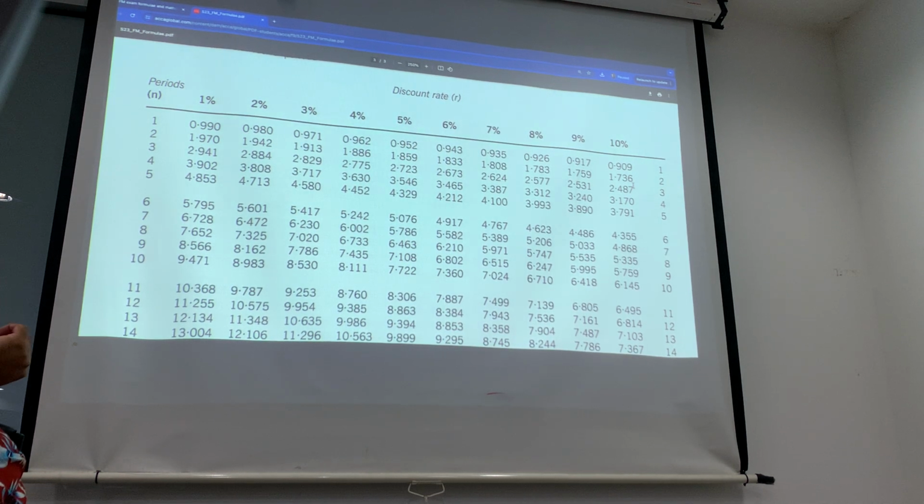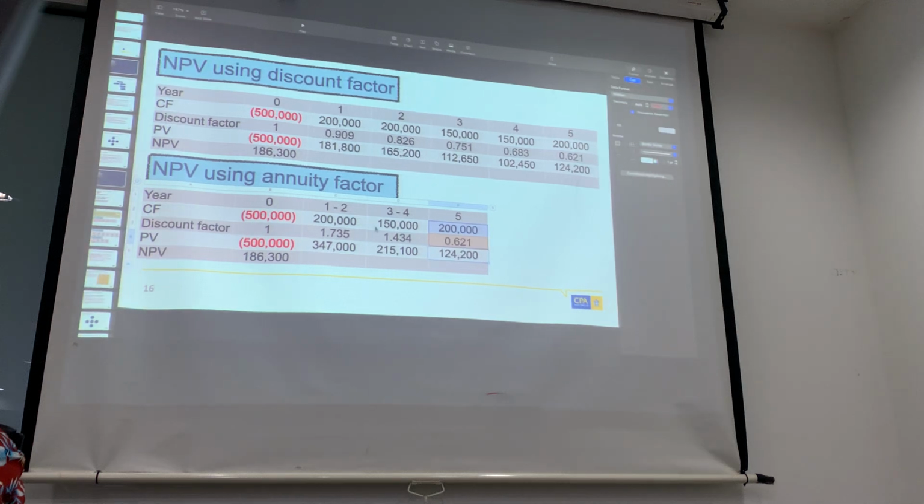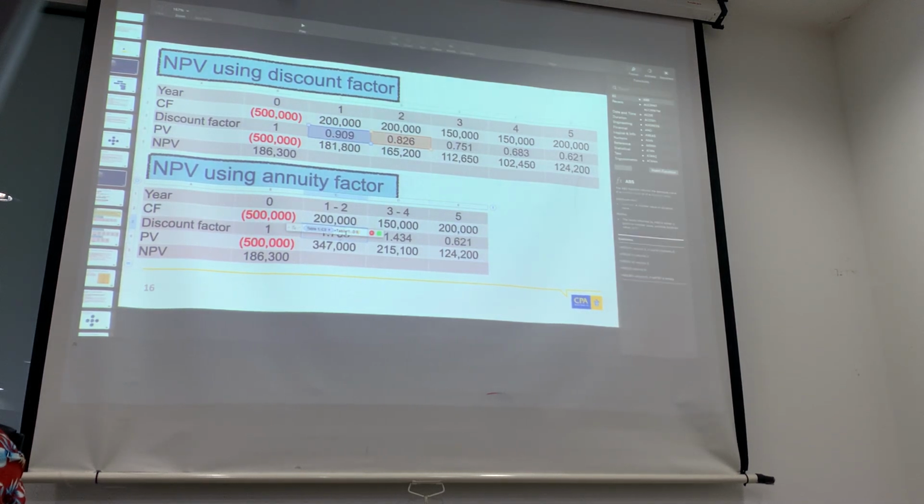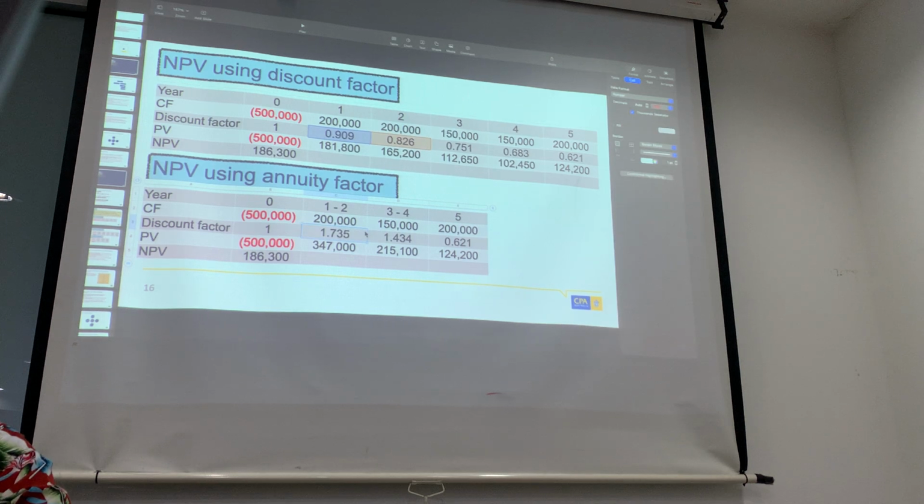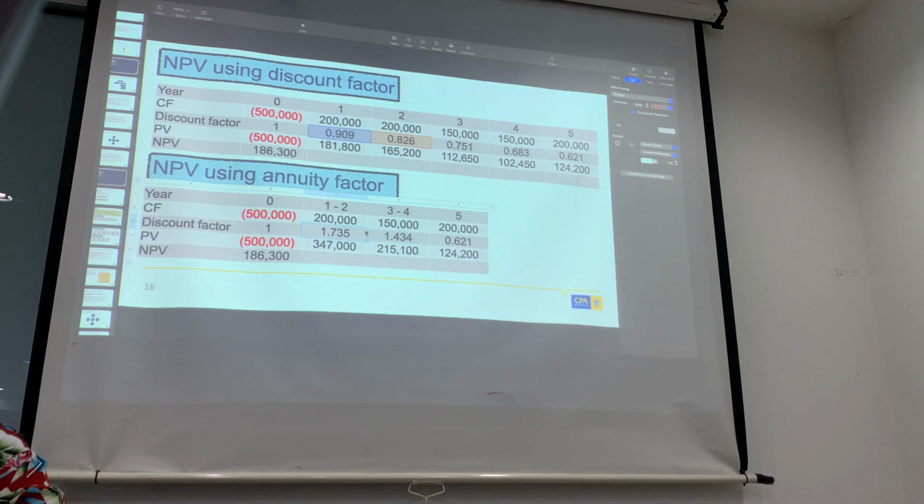I clear now. So if I was to put 1.736, the annuity number, can you see the annuity number here, which is the same as these two added together. So I need to put 1.736. Are you okay in this part? You understand what is annuity factor? Just combining the years up. It's just discount factor being added up.